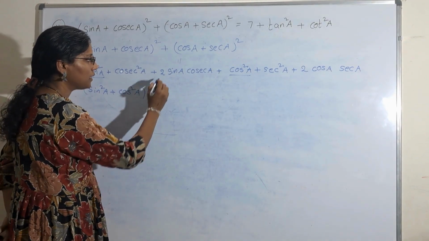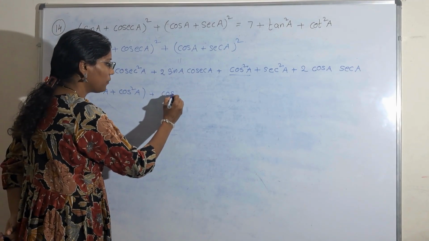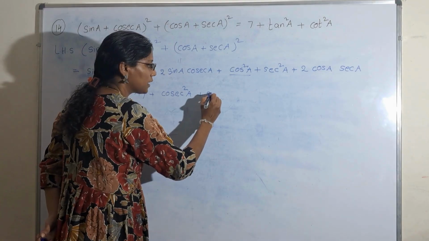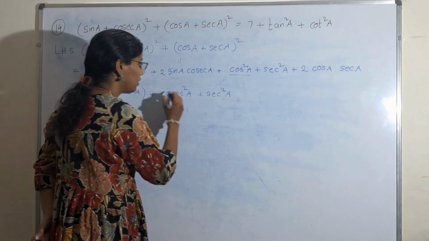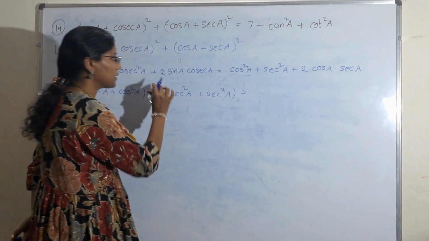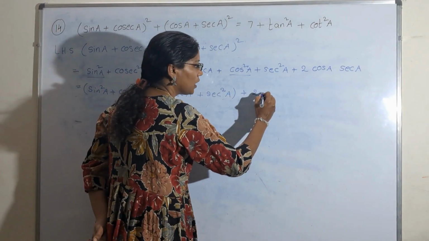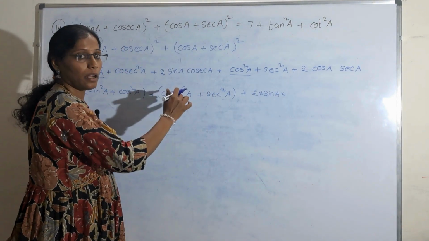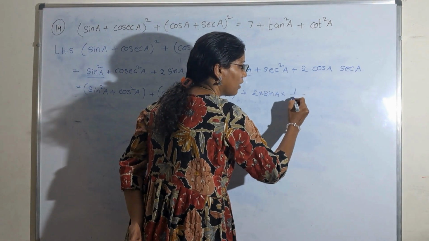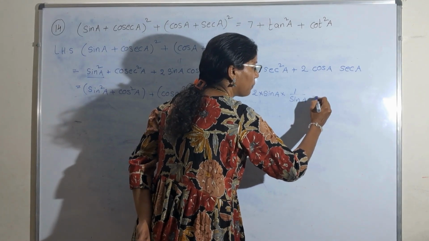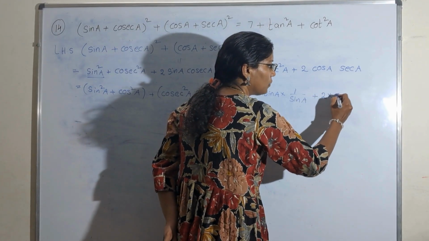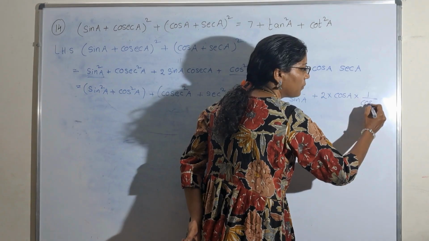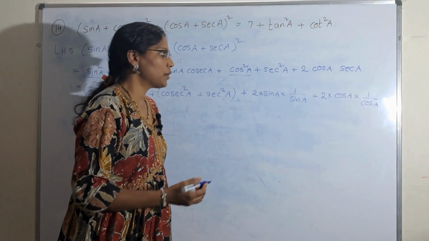Next, plus cosecant square A plus secant square A. This is one bracket, plus 2 into sin A into cosecant A. How to write? 1 by sin A. Plus 2 into cos A into secant A, 1 by cos A we can write, because cos and secant are reciprocals.